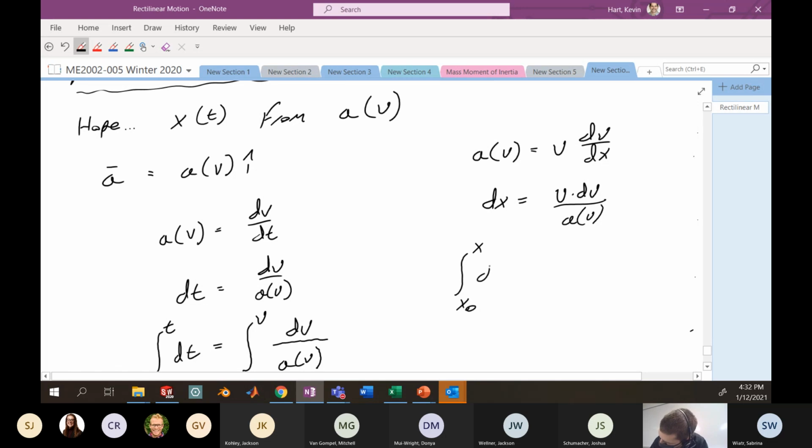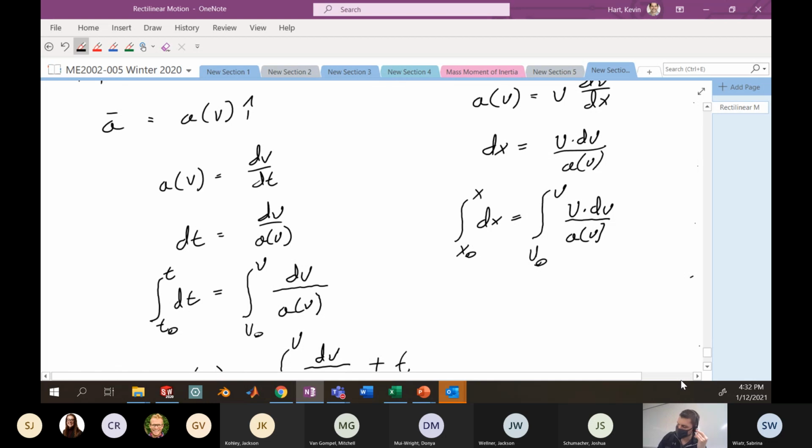Integrate. Finally, your position as a function of velocity is equal to this strange looking integral.